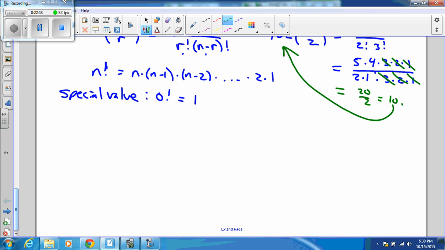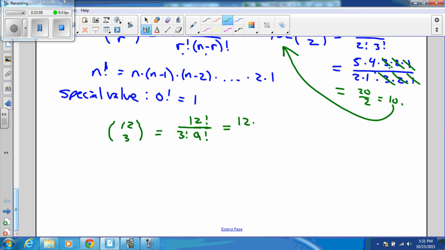And as I mentioned, this is really nice for large numbers, because if I need to compute something like, oh, I don't know, how about 12 choose 3, then I can write that immediately as 12 factorial over 3 factorial times 9 factorial.